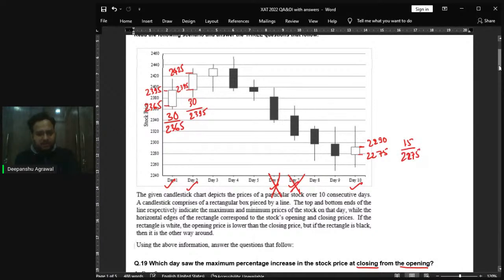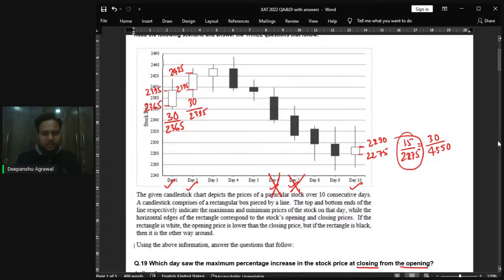Okay, now we have to compare all this. We have to calculate the maximum out of this, right? So can I change it to 30 divided by 4550? I have multiplied the numerator and denominator by 2. Okay. Now this is all clear.